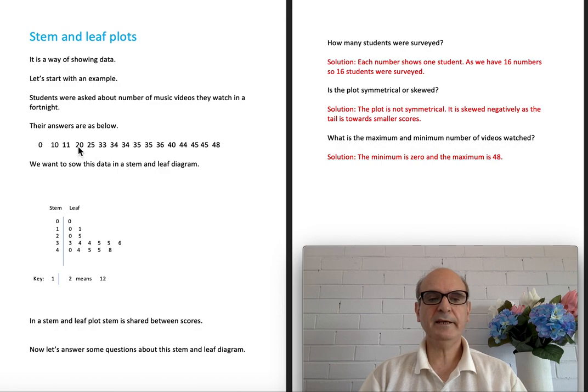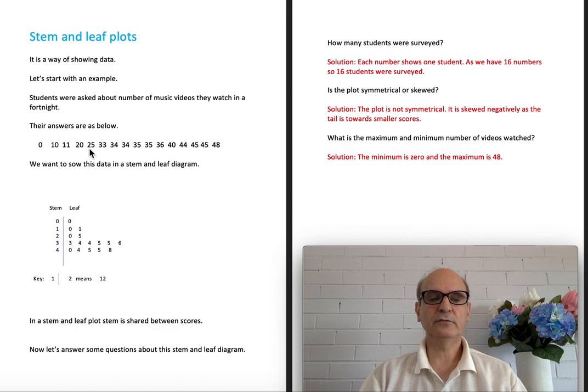Now we don't have any other number which has 1 in its tens digit, so we go to the next ones. Here we have 20 and 25. So both of them have got 2 in their tens digit. So we put 2 here, and that 0 will represent 20. So 2, 0 represents this 20, and remember this 2 is common.